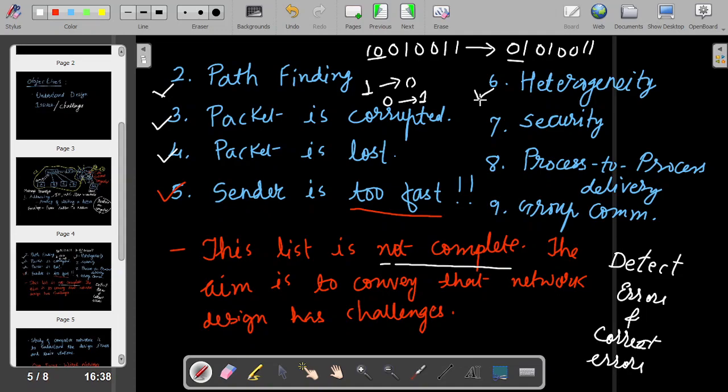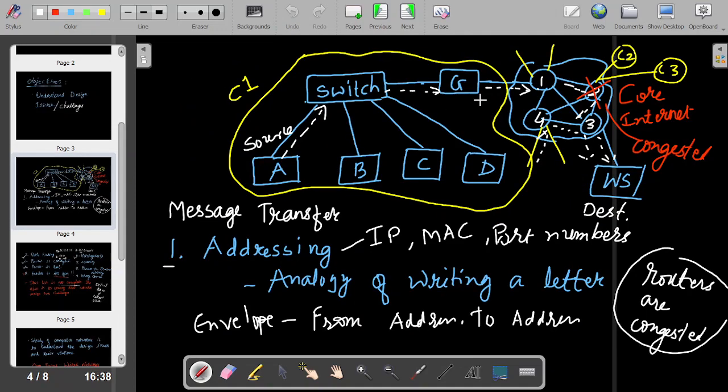Computers of different architectures, computers having different operating systems, are connected to the internet and still they are able to communicate. For example, this source machine may be running the Windows operating system and the web server is running the Linux operating system. So that way they are heterogeneous, but still they are able to communicate.